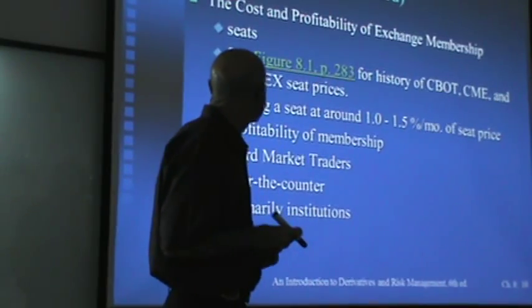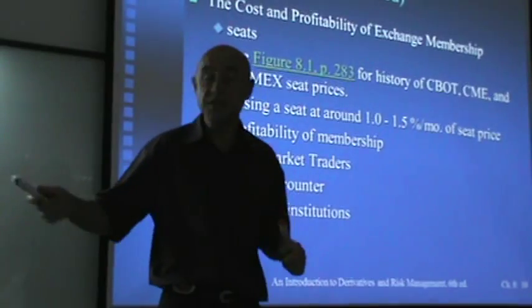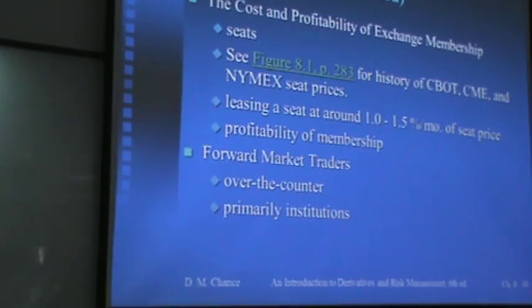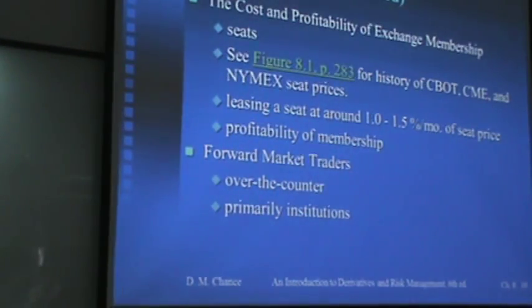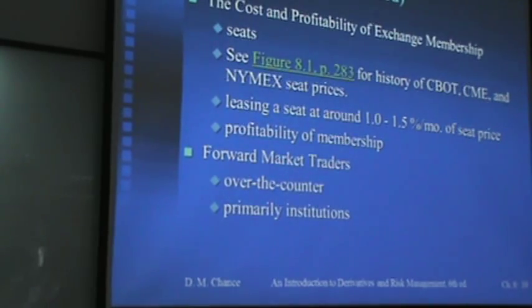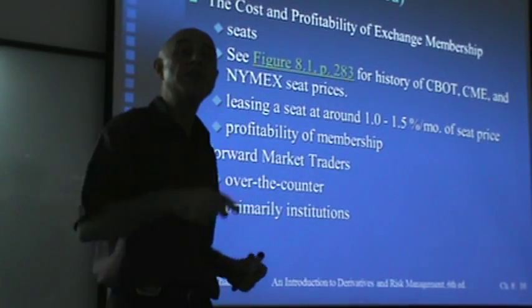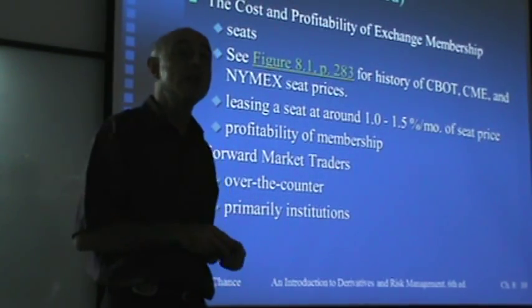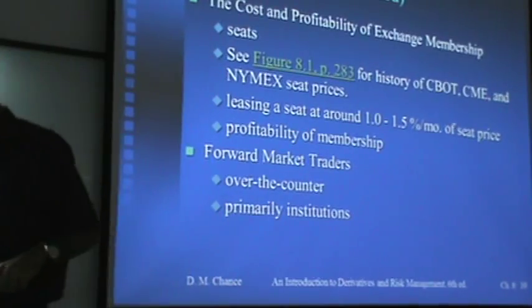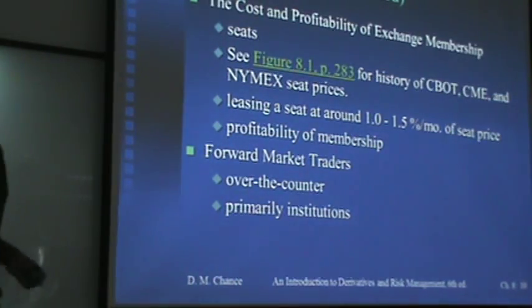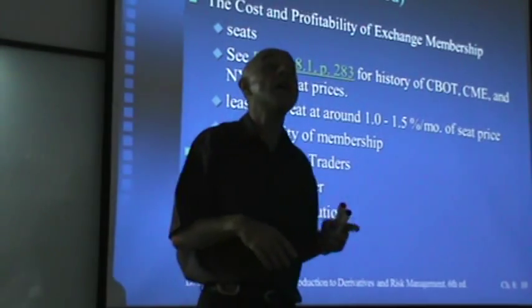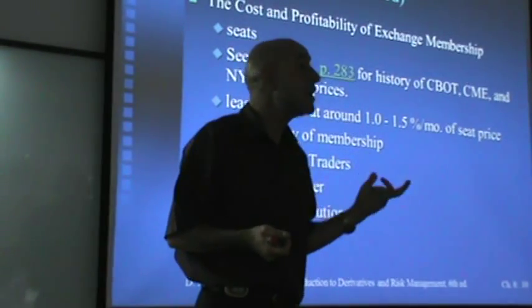So what you can see, and you've got a nice little picture over there, let's see what the picture name is. Monthly seat prices, seat from 96. That's figure 8.1. You can open your book to figure 8.1 and tell them what the page is. And you can see how the price fluctuates up and down, and the price fluctuates with the expected profitability.